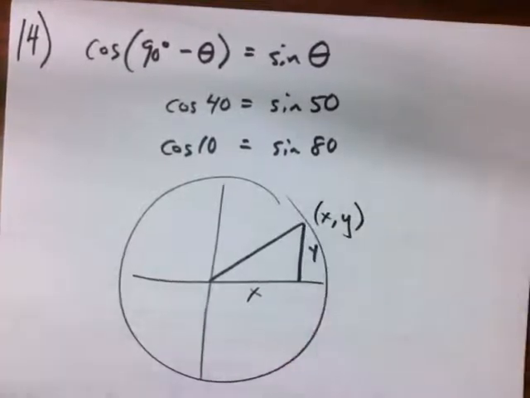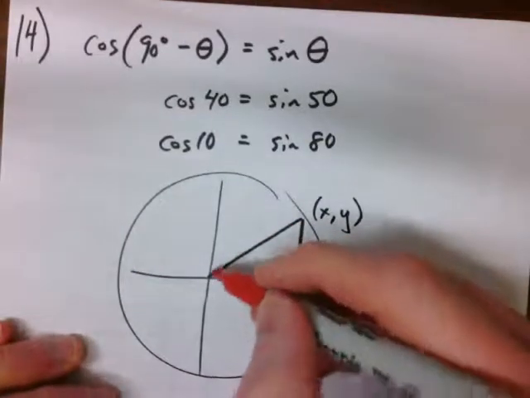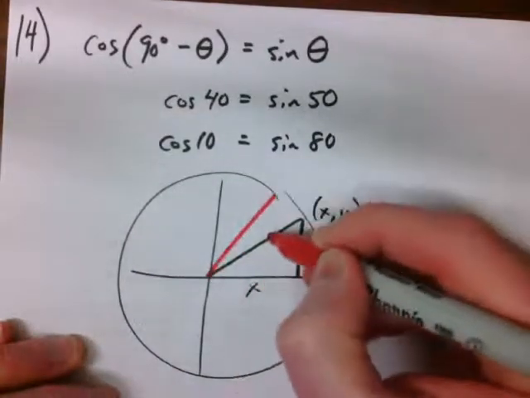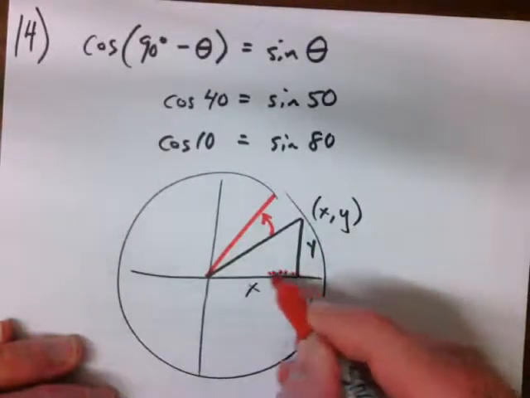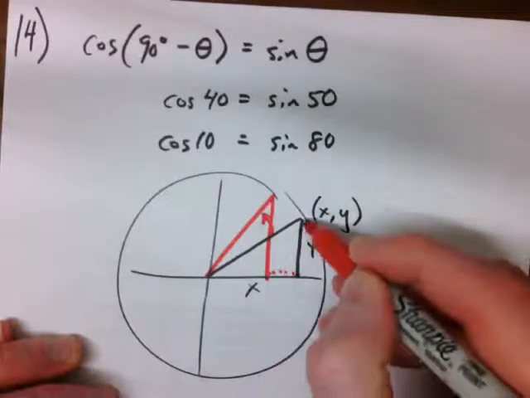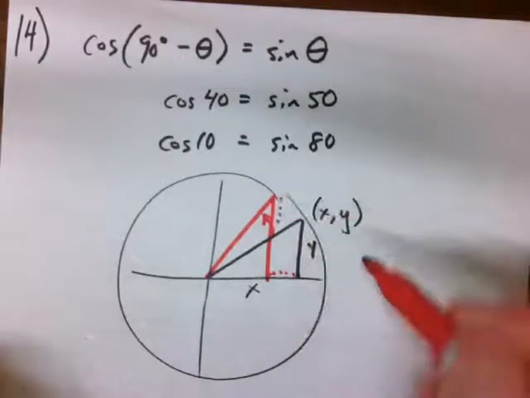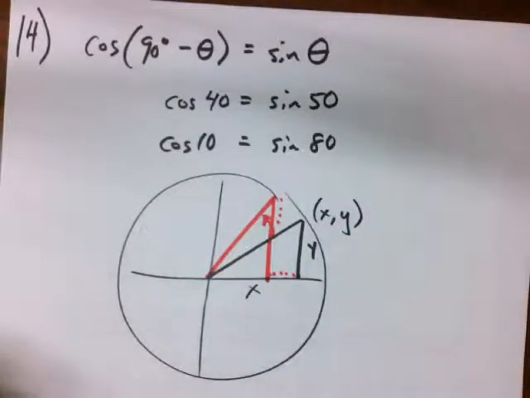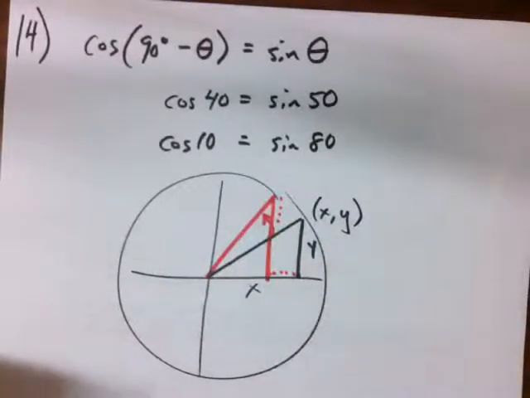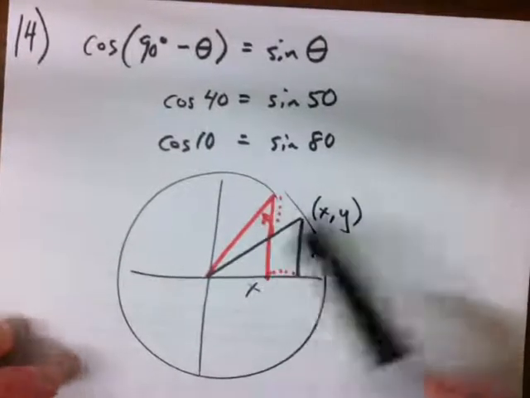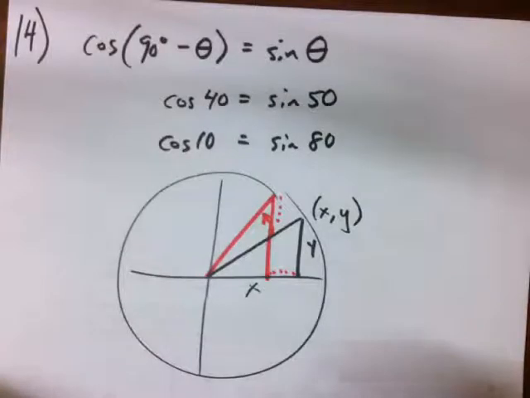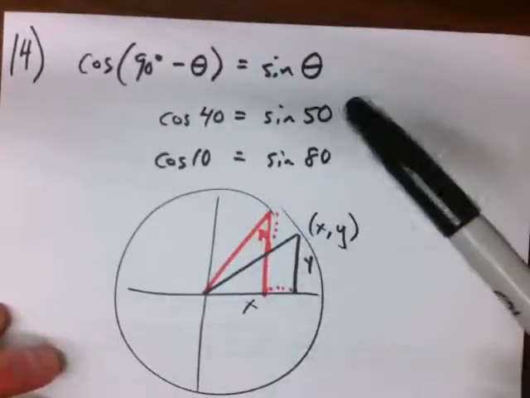As this thing moves, maybe I'll do a different color. So it goes up. This one shortens, and then this one lengthens. These ratios are going to stay the same based on the hypotenuse. If this one gets shorter, this one gets longer, and these are complementary angles, and that's the relationship they have.